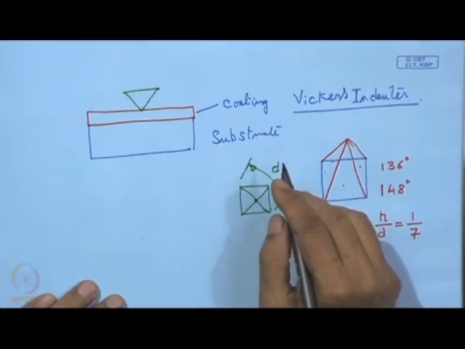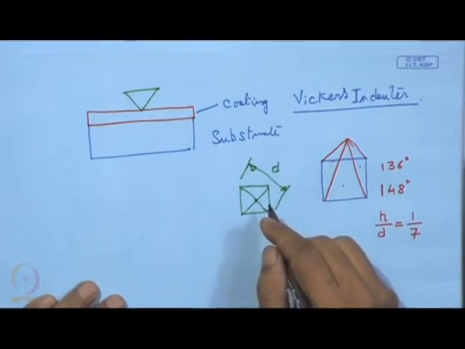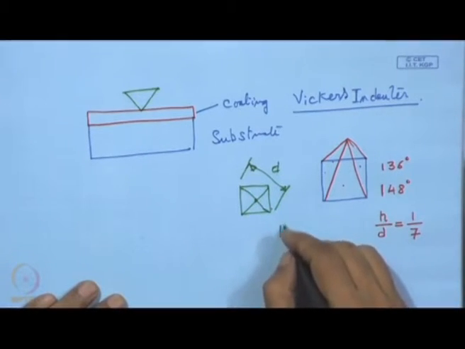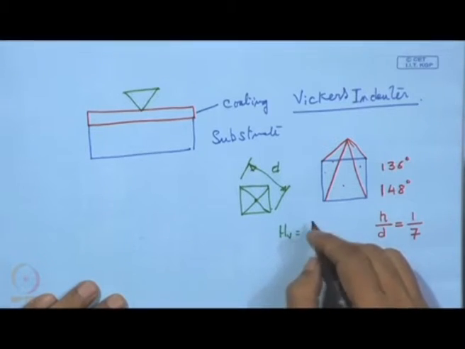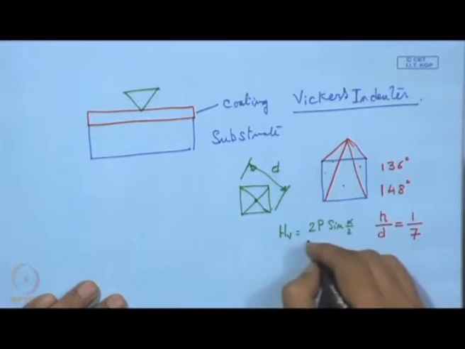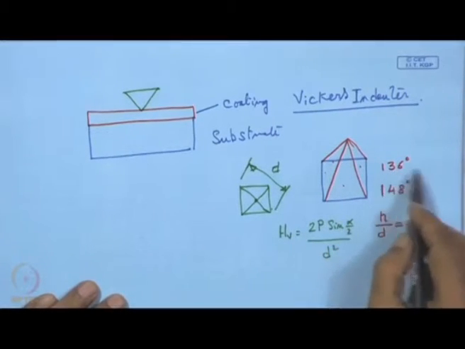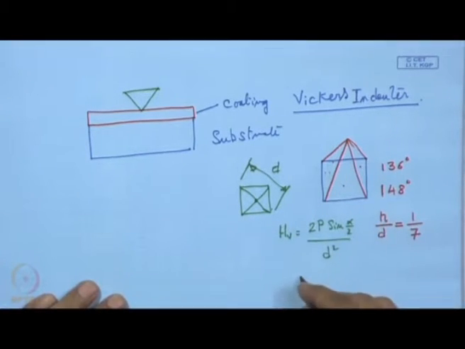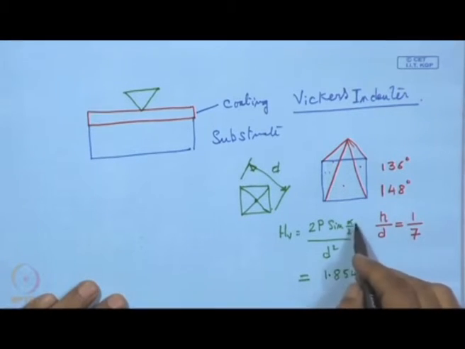So, for all practical purpose, we have to take the mean of these two diagonals, and after that the hardness value can be written as 2 P sin(alpha/2) by d square, where this alpha is this 136 degree, between these two faces, and this can be rewritten, it comes out to be 1.8544 into P by d square.